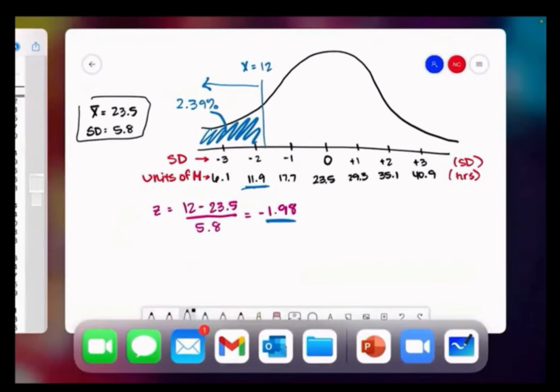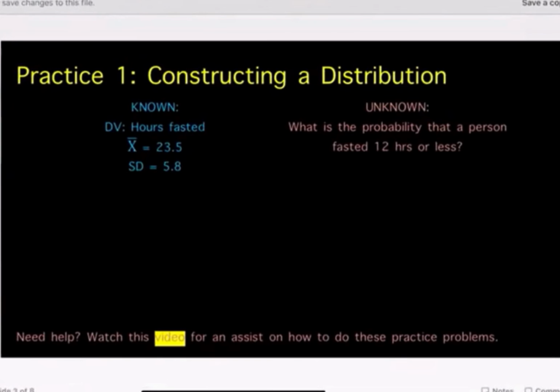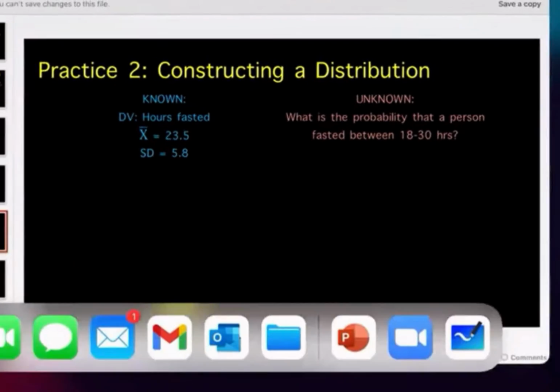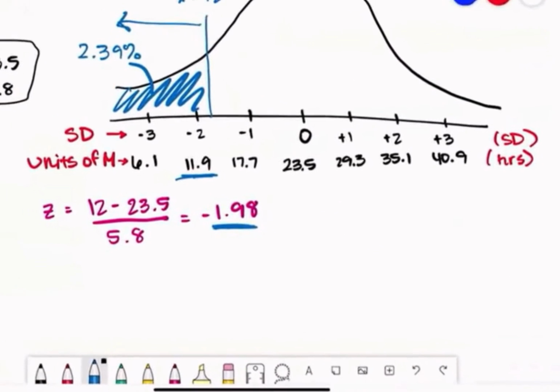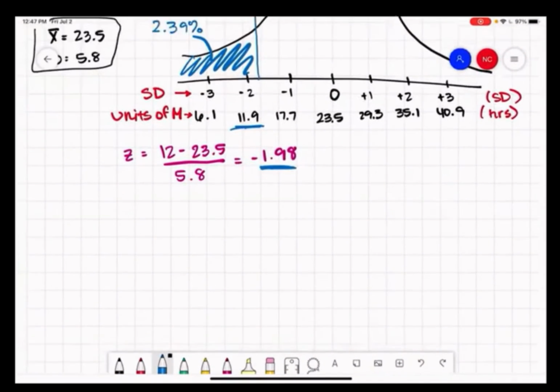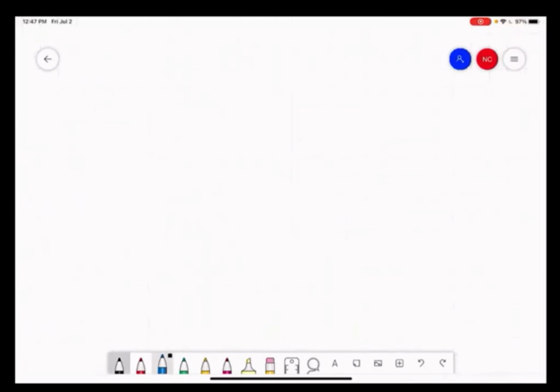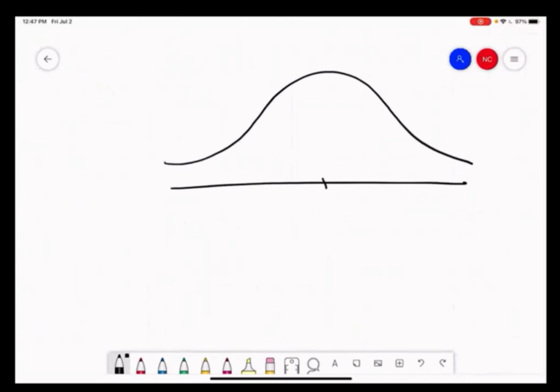This is different from the next example, okay, where we're looking at the probability that a person fasted between 18 to 30 hours. So again, move this upwards. So we have a distribution, right?